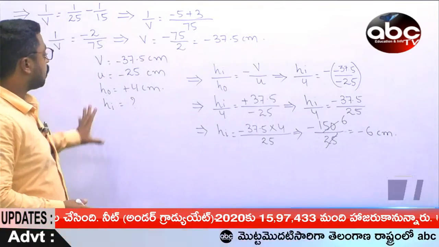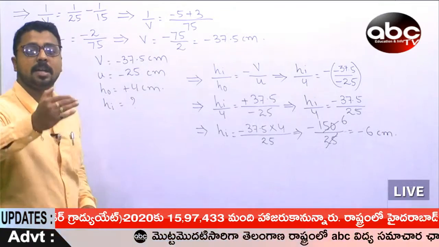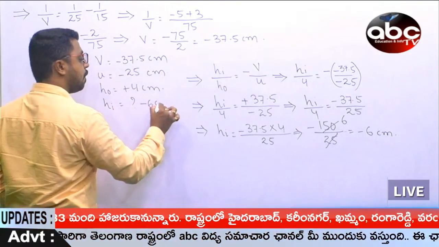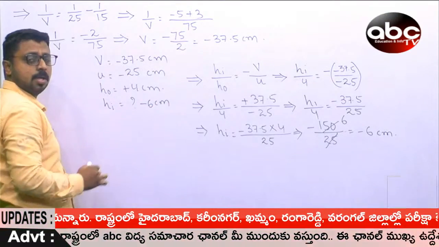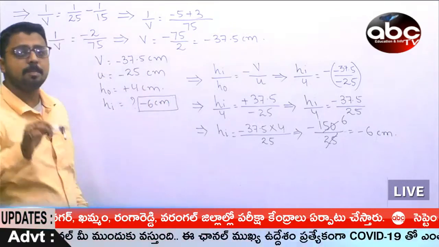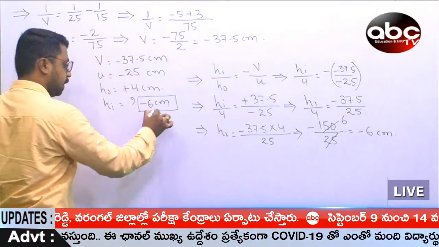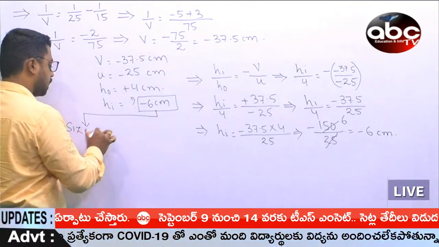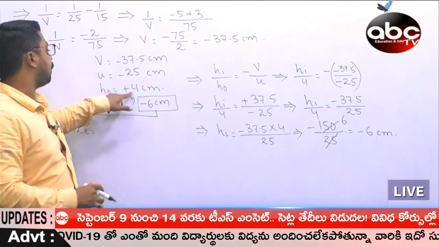So once we have some values, we can predict the image size. So height of image can be obtained as -6 centimeters. Looking at this, we can predict what kind of factors. Let us take first of all the size. What is the size of the object?